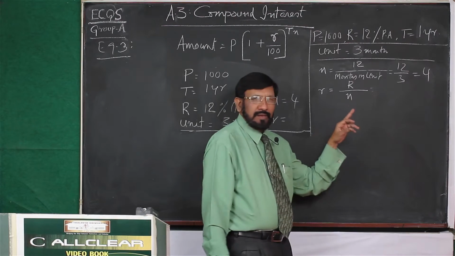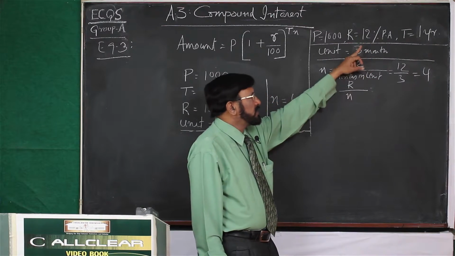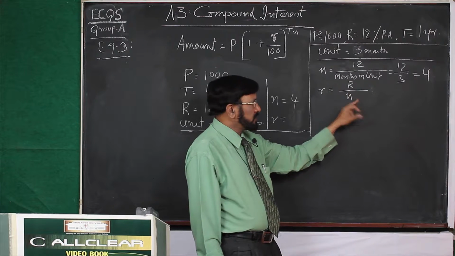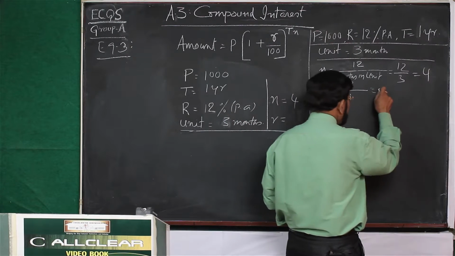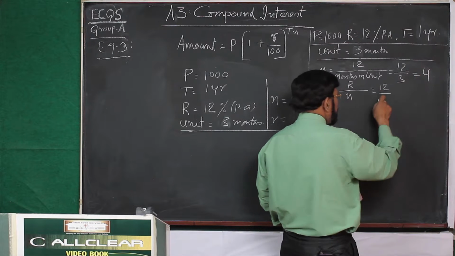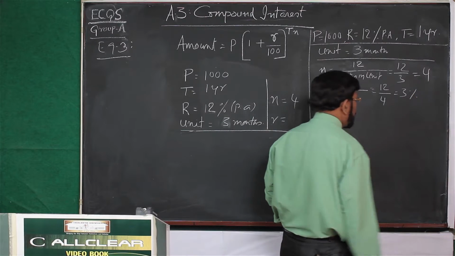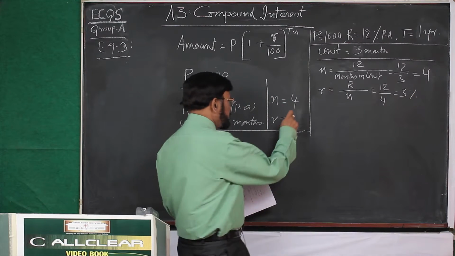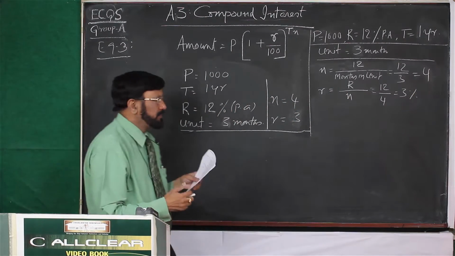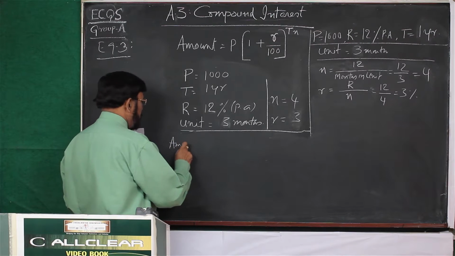Next, the rate should be adjusted for 3 months. Then the original rate is 12%, divided by 4, because this is 3 months. For a unit period, it is 3 months. So take it as 3. Now let us substitute in the above formula.